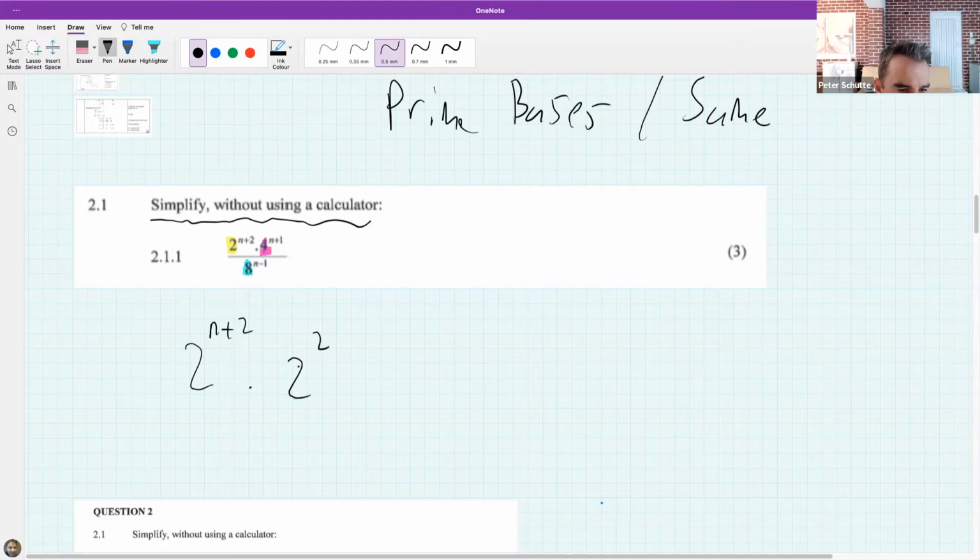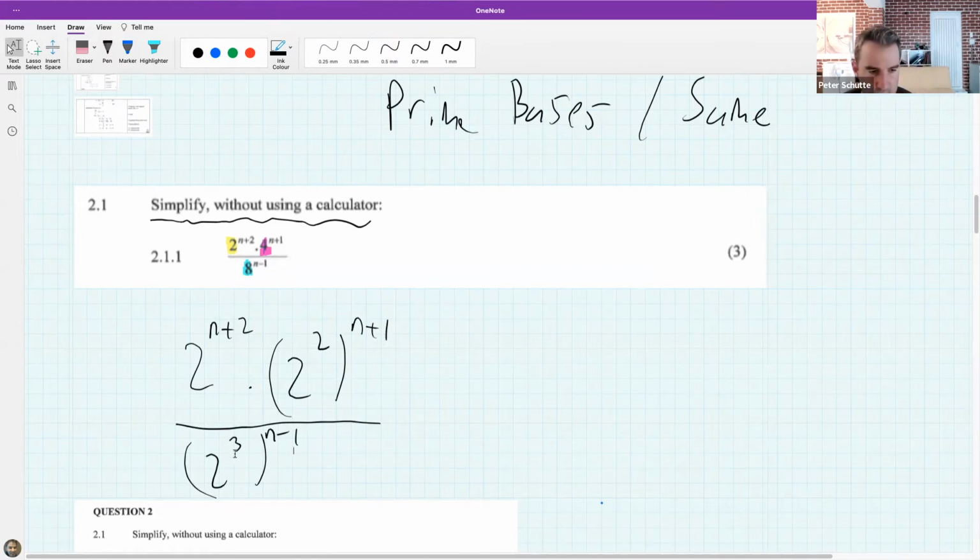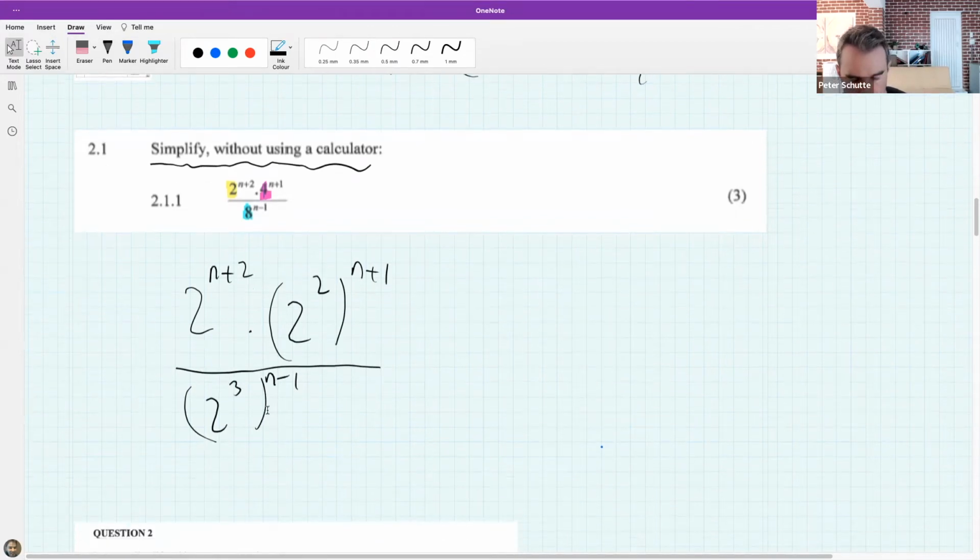And what I'm going to do is be sneaky and do it like this. Well, not sneaky. I just know where bad things can happen, so I know this is a good way to write them. So there's my 4 hanging out. That's my 4.